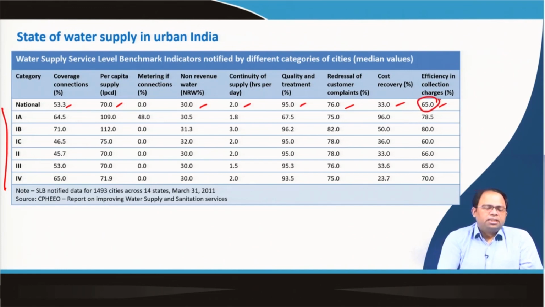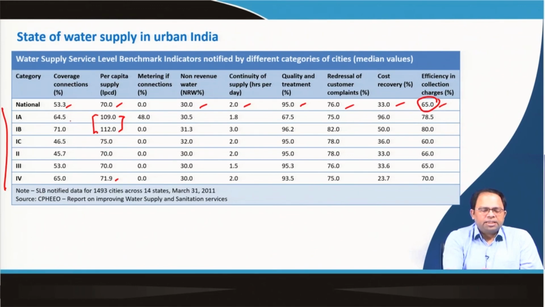You can see that these percentages vary significantly across the different categories of cities. For example, per capita supply starts from around 110 and ranges down to at least 70 liters per capita. So, there is a wide difference.